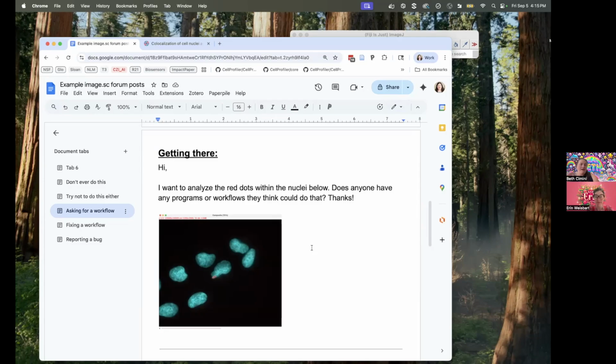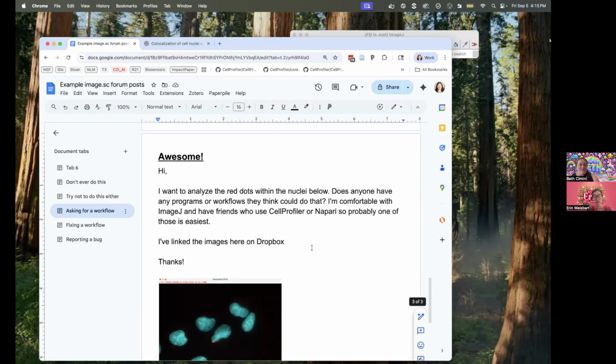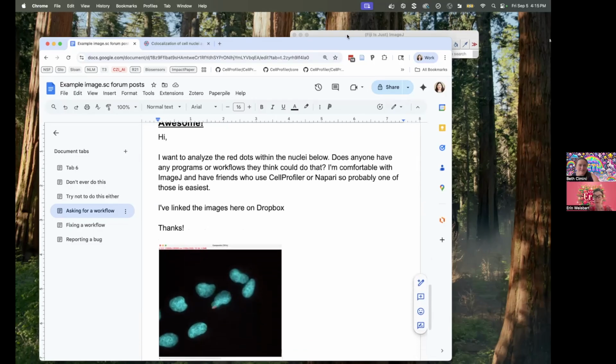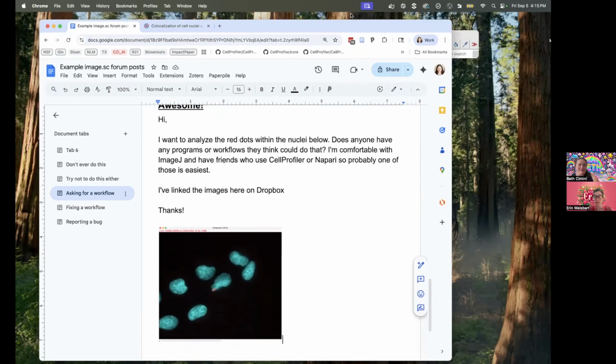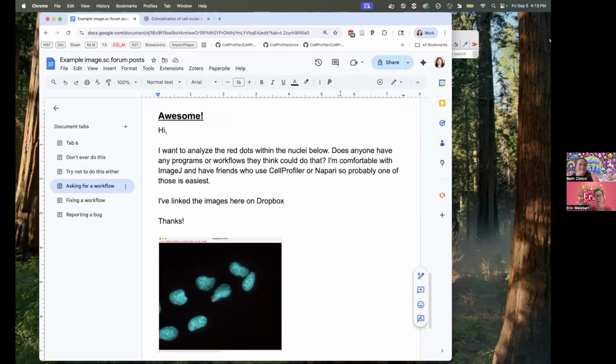A screenshot is great for just saying, hey, I want you to be able to visualize and take a look at what's going on. I will say, and we've talked about this in previous Ask Erin, Dear Beth episodes, specifically the one about ugly images, screenshots are often not good for actually doing the analysis.